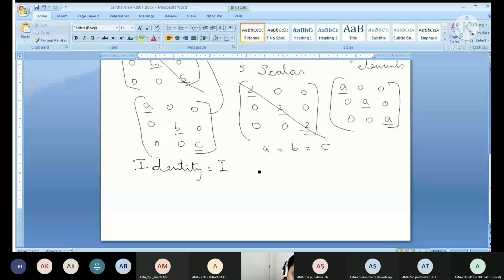I'll write one example: 1 0 0, 0 1 0, 0 0 1. Look at this matrix. This is an identity matrix because at the diagonal elements you have 1.